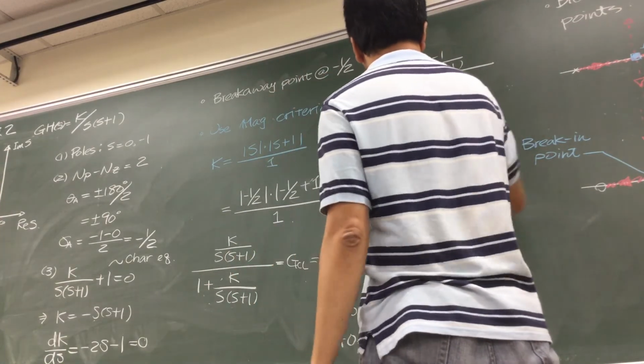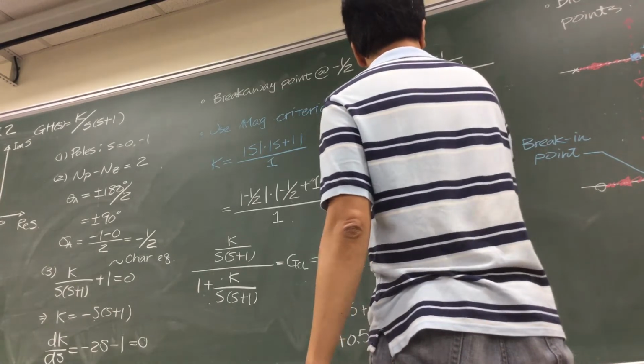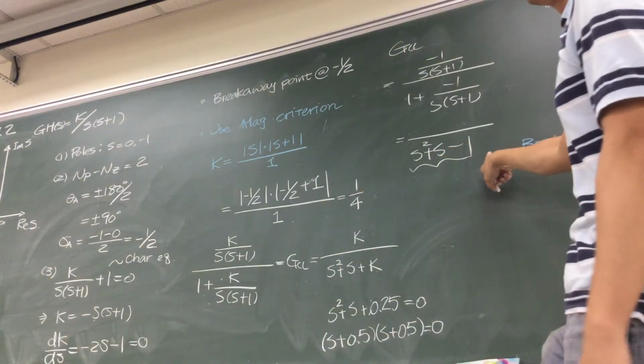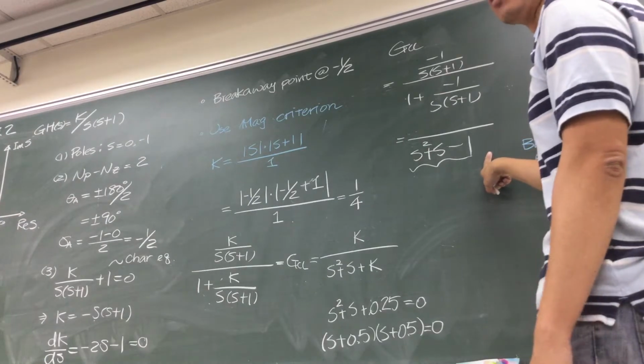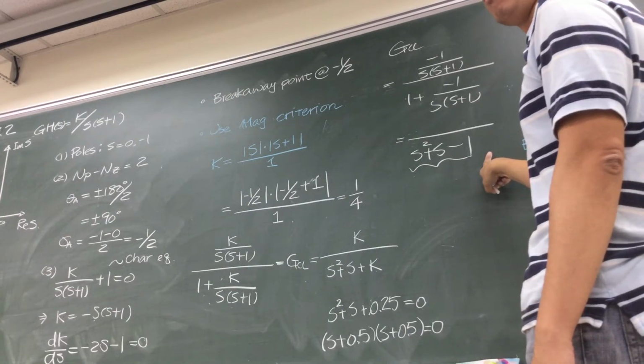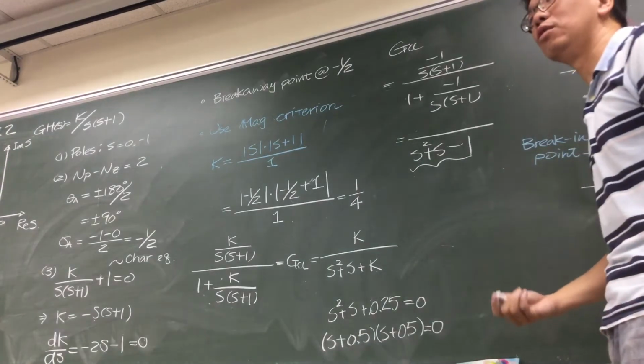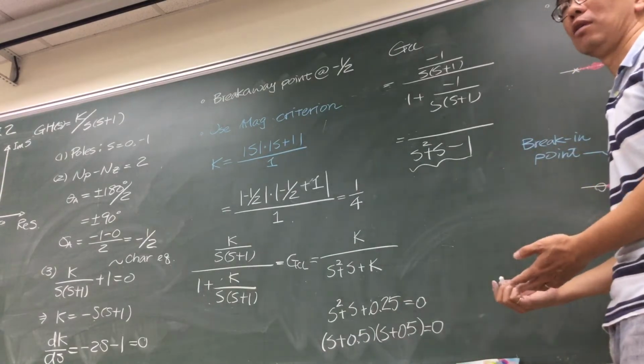What is your polynomial over here? Is your system going to be stable or unstable? Unstable, right? So that is the reason we don't want to have that mathematically.